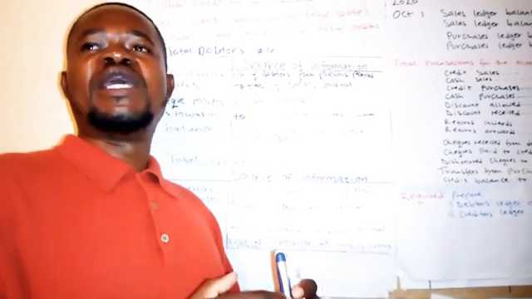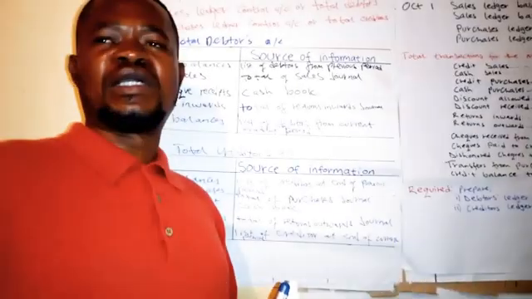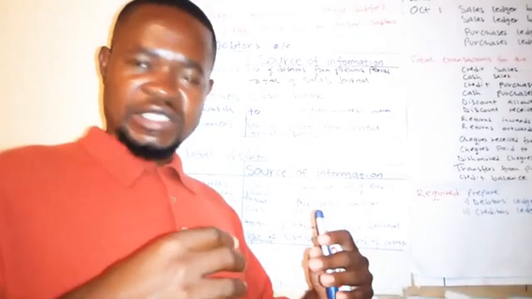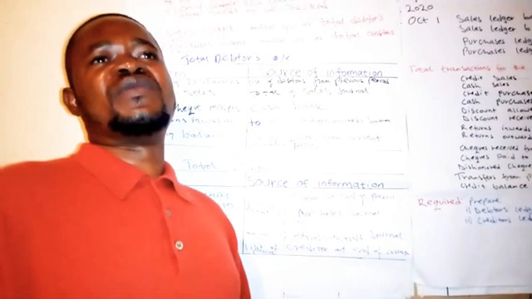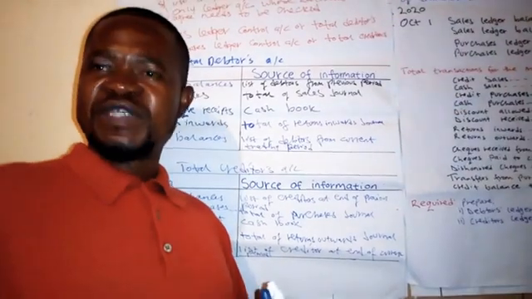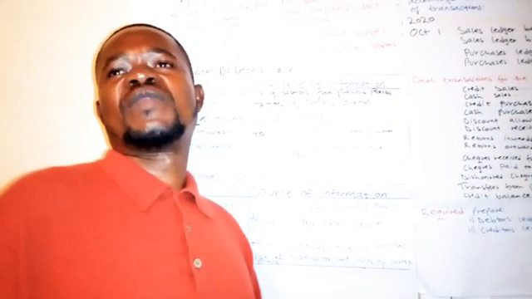This may be in the debtors ledger account, the sales ledger control account, or the purchases ledger control account. When you have such a situation, you just have to record the balances in the same line.